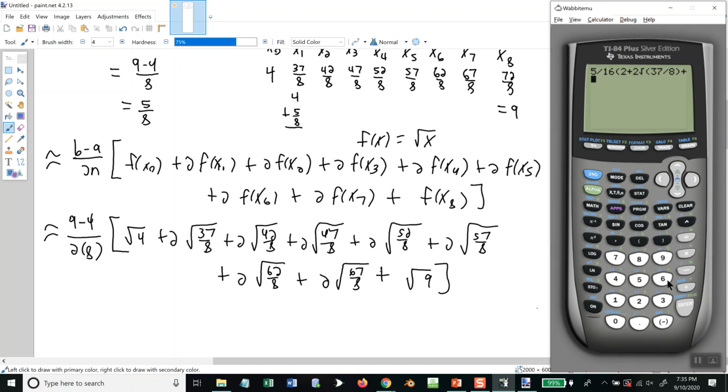Plus 2 square root of 42 over 8. I'm going to show you an alternative way of doing this in a second. Plus 2 square root of 47 over 8.